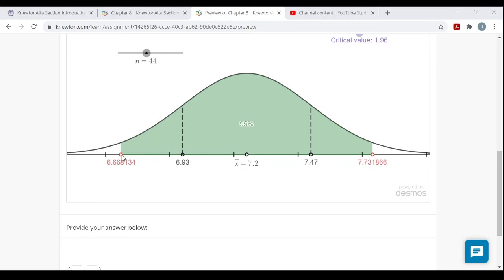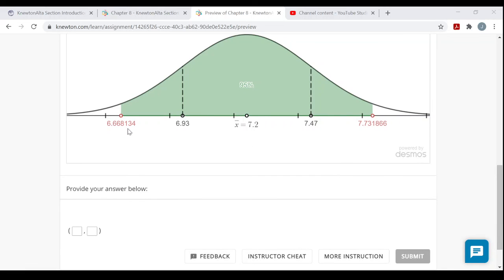It's more like 1.96 standard deviations below and above, but we'll see that in a later section. So we got from 6.67 to 7.73, which is close to what I had when I just did 2 standard deviations below and above.